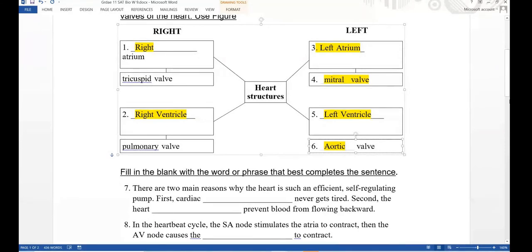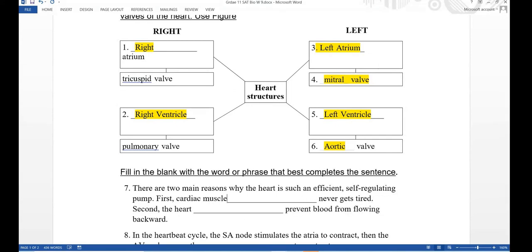Number 7, there are 2 main reasons why the heart is such an efficient self-regulating pump. First, cardiac dash never gets tired. Cardiac what? The muscle. Yes, very good. The cardiac muscle never gets tired.